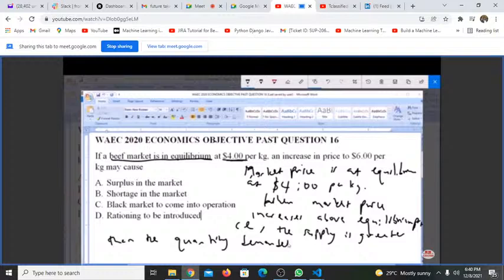And if supply is greater than quantity demanded, a surplus is created. So surplus in the market is option A. So option A is the correct answer to this question.